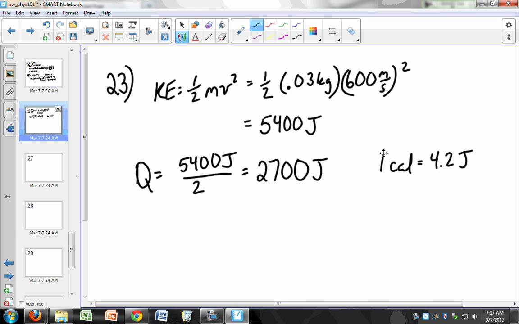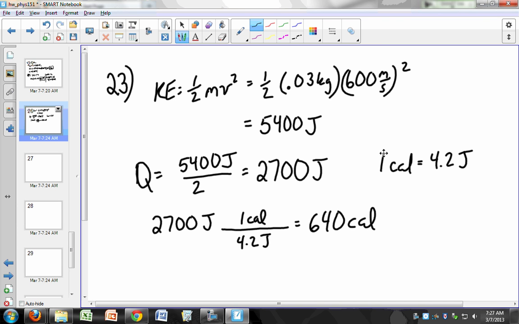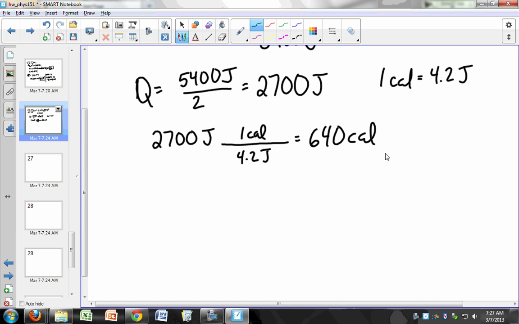So I want to convert these 2,700 joules to calories. So 2,700 divided by 4.2. 640 calories. So this bullet absorbs 640 calories, and now I want to determine what is its change in temperature.